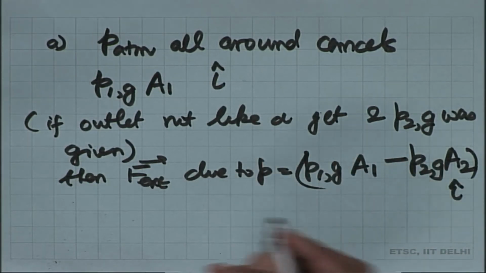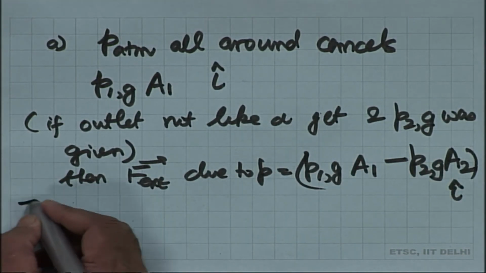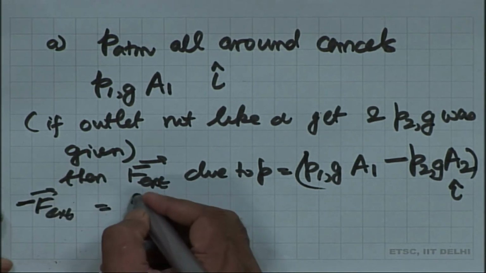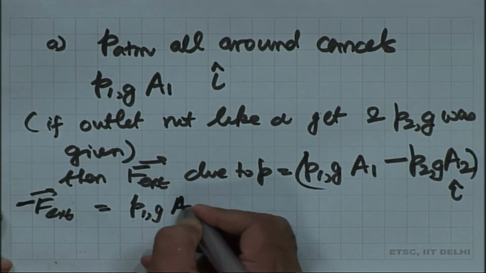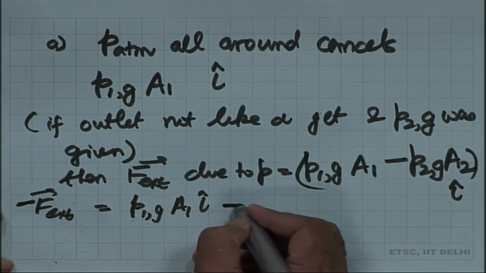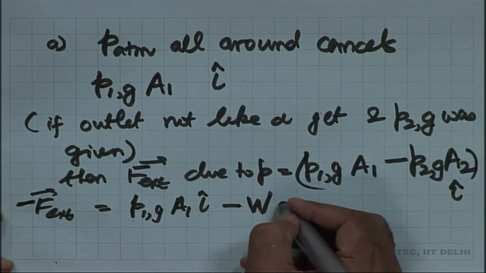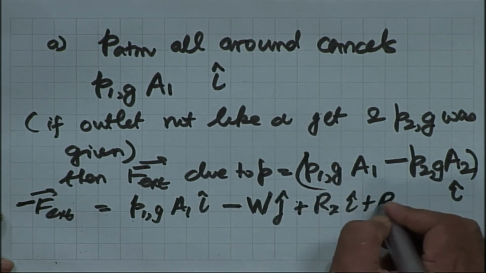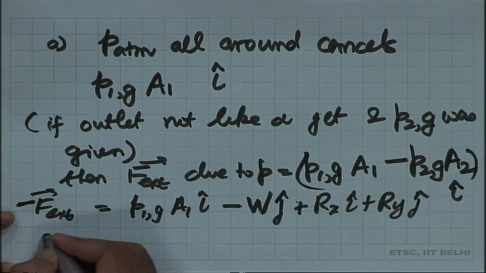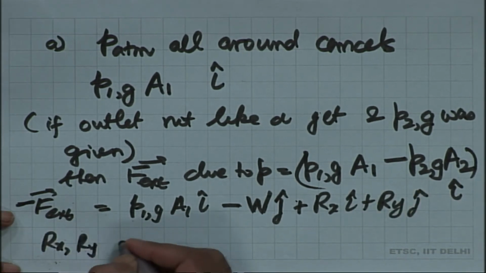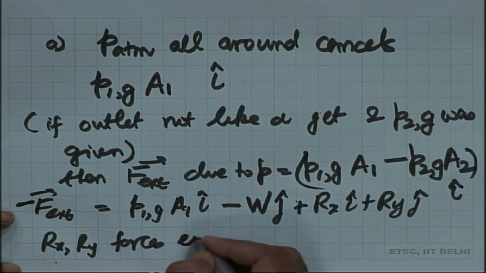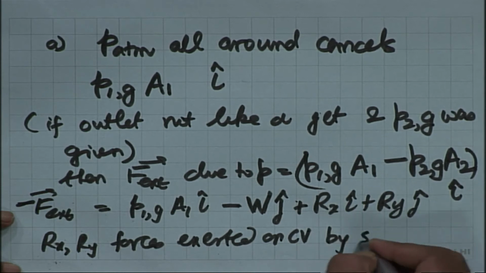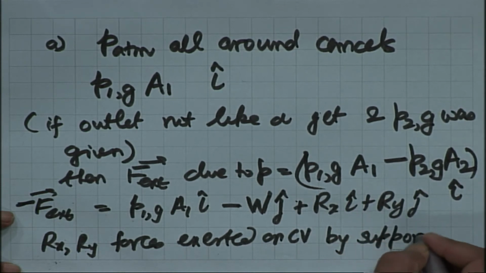So, the sum of external forces, totally we can write it as P1 gauge A1 i minus W j plus Rx i plus Ry j, where Rx and Ry are forces exerted on the control volume by the support.